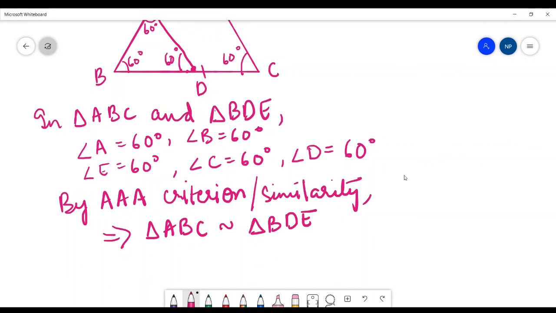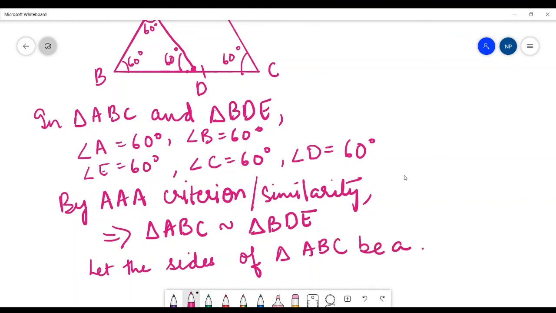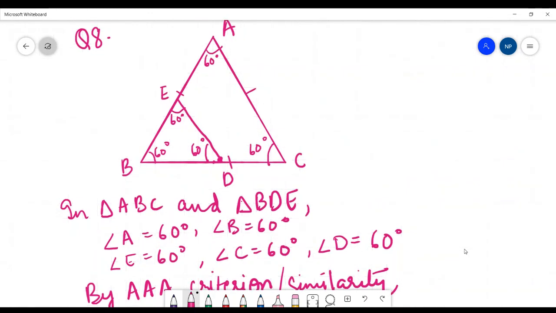Okay. Now, let the sides of triangle ABC be A. Since it is an equilateral triangle, all the sides will be equal to A. This is A, this is A, and this is A. Now, over here, children, if this whole length is A and D is the midpoint, that means BD is equal to DC and BD is half of BC.